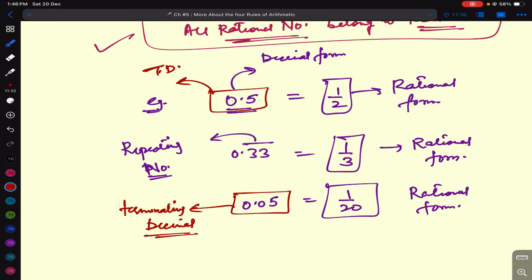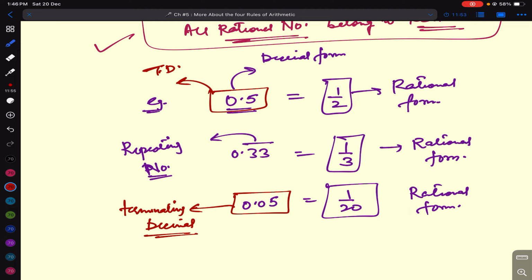So this was your lesson number 1, where we talked about integers as well as rational numbers. We have seen that all integers are rational numbers, but it's not vice versa, right? We have also seen the example based on that. Then when we represent the rational numbers in a decimal form, it can be either terminating or repeating. We have also seen the examples based on that.